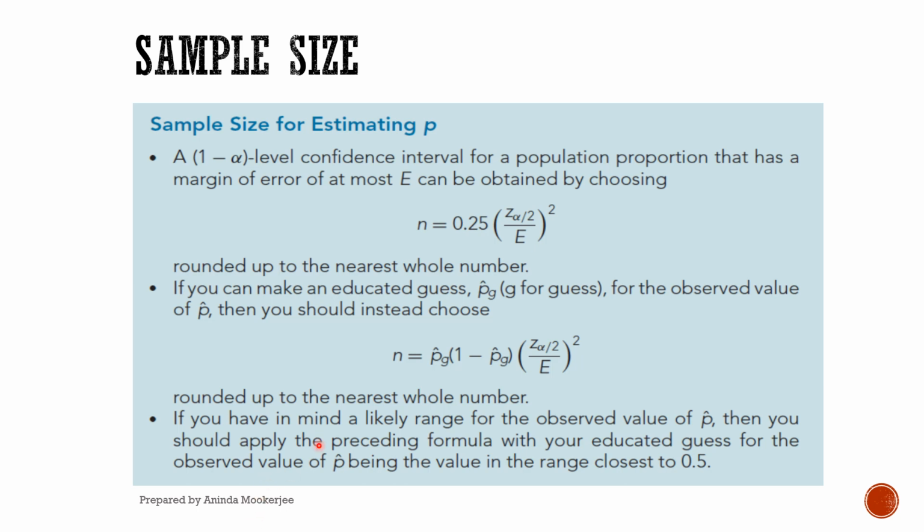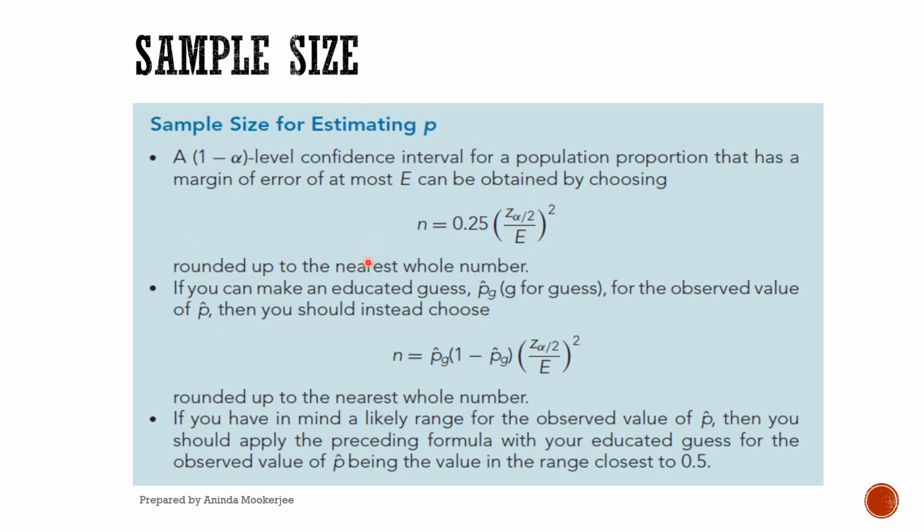Now there's another question we sometimes have to answer, which is finding the sample size to maintain a certain margin of error and a particular confidence interval. We did a similar problem for means.